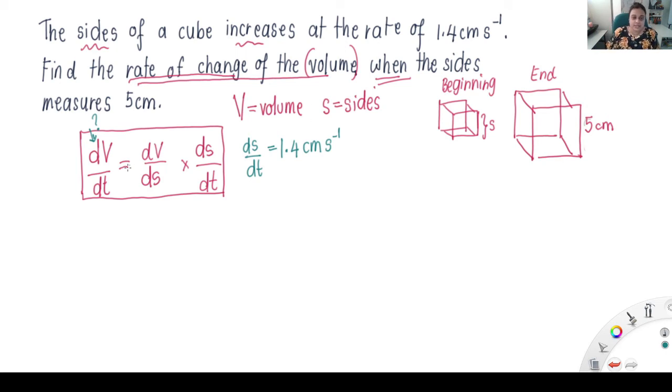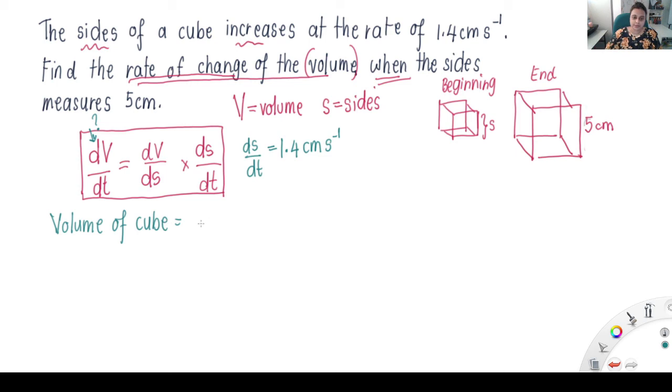If I want to find dV/dS, that means I have to differentiate the V, right? You have to differentiate the V, which means the volume. So volume of a cube is usually what? I think all of you should know, volume of a cube is quite simple. You just need to take the length times base times width.